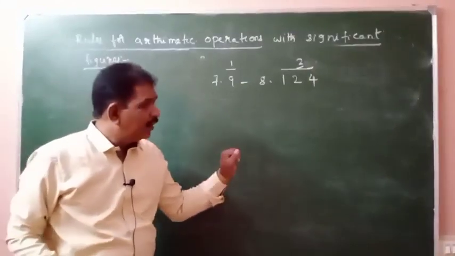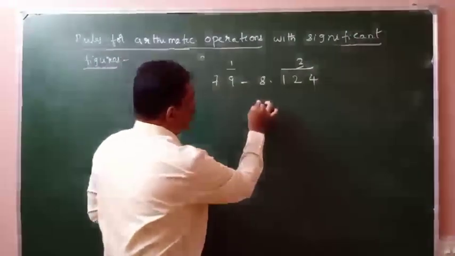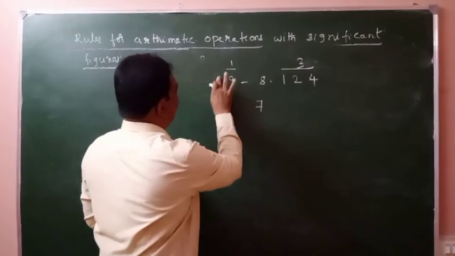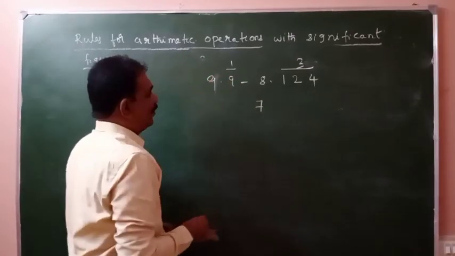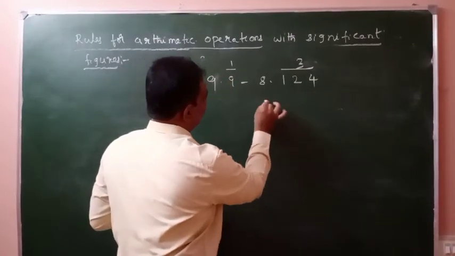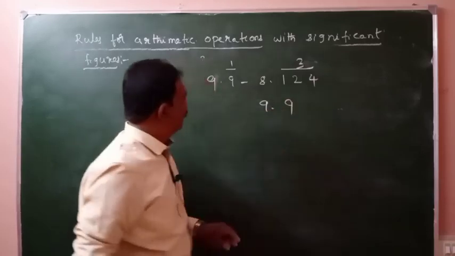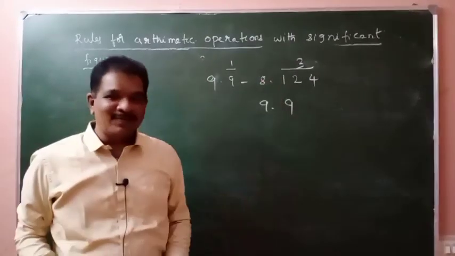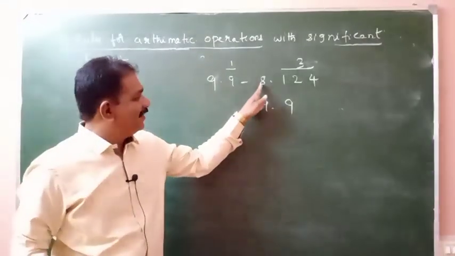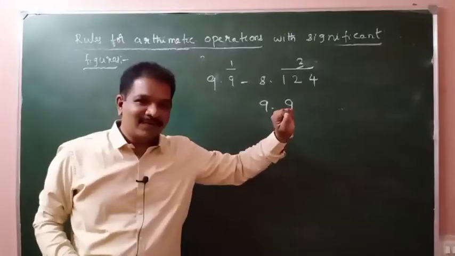Clear? Now 7.9, no, you take it a little bit more, 9.9, because from this you have to subtract this one. Then here 3 are there.